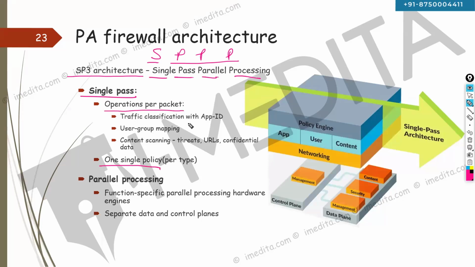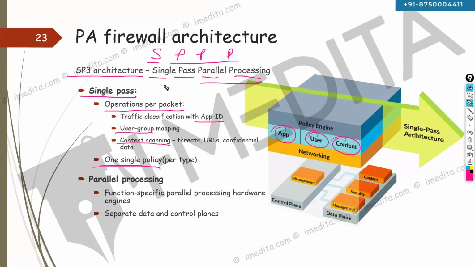In every packet, we will identify the application, we will identify the user, and we will identify the content. Means operation per packet: application identification, user identification, and content identification. Single pass means operation per packet and single policy.